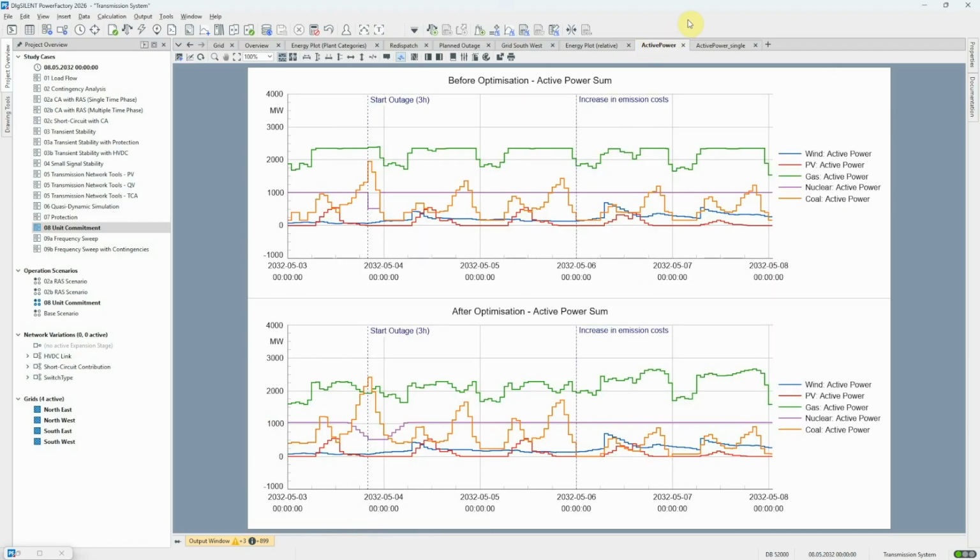These plots show the active power dispatch summed up for the different fuel types. The first plot shows the generation as it would be using a simple quasi-dynamic simulation, and the second plot shows the generation profile after the redispatch by the unit commitment optimization.